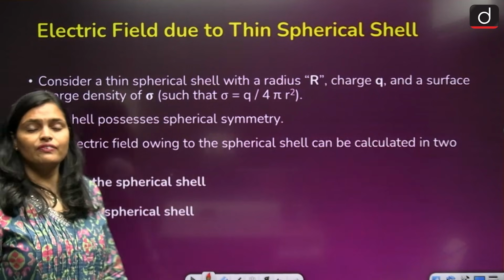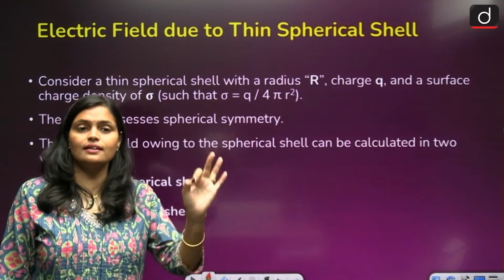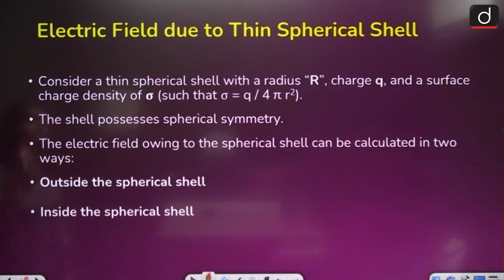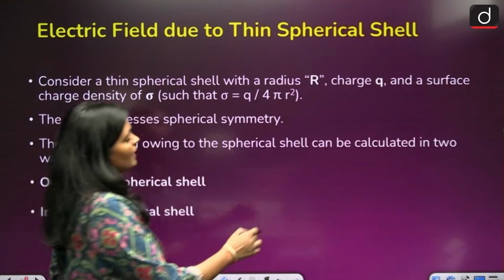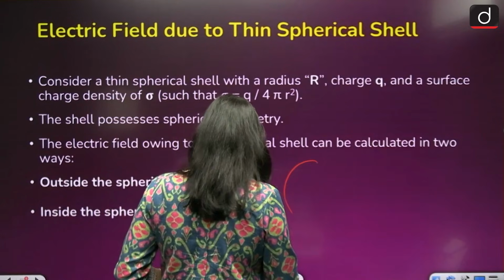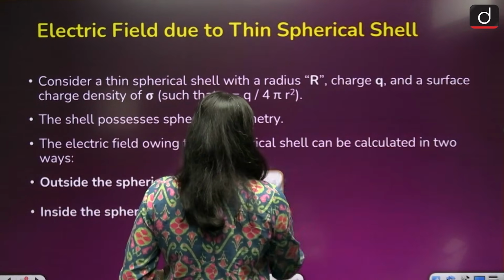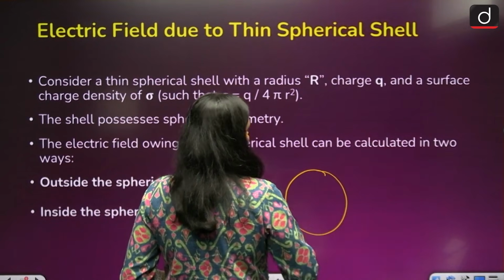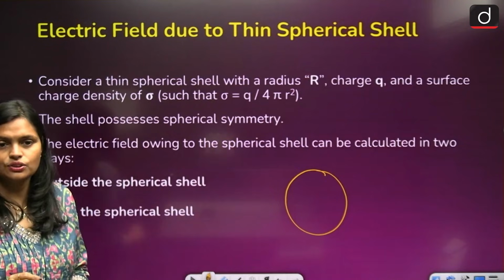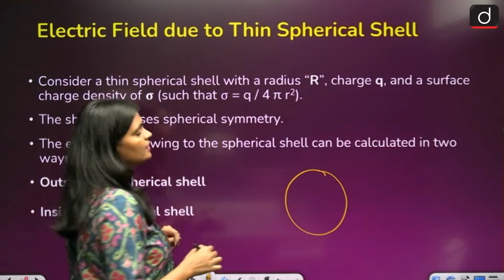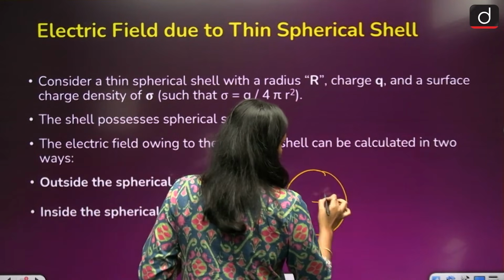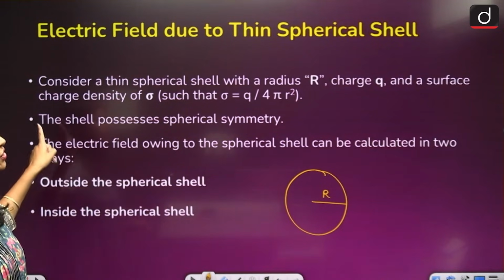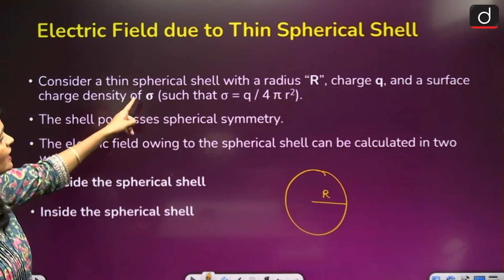Then electric field due to a thin spherical shell. So here consider a thin spherical shell with radius r, charge Q and surface charge density sigma.